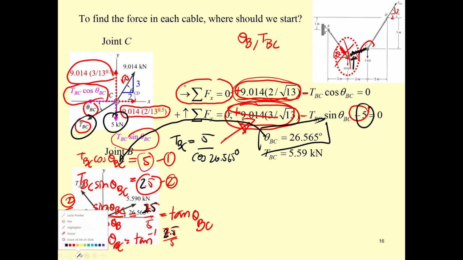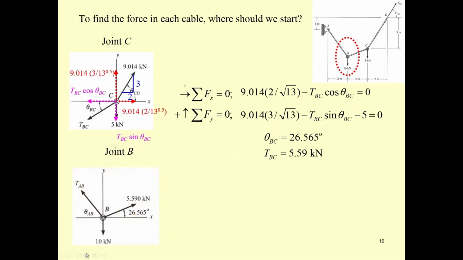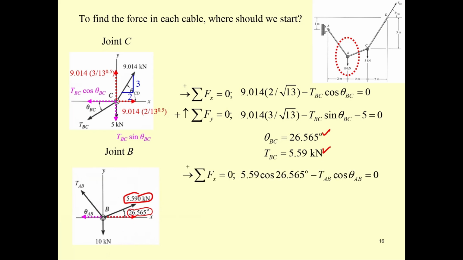Okay. Now, let me erase everything. For this one, we have the force here. We have the angle here. We're going to solve the same thing. Okay. Project all the forces in the horizontal direction. This is 5.59 cosine 26.565 and this is positive.